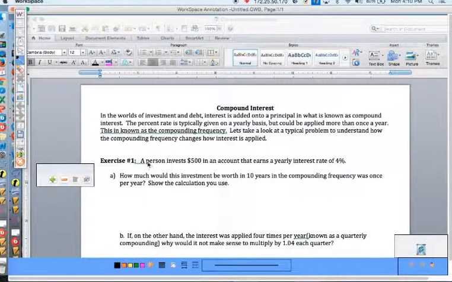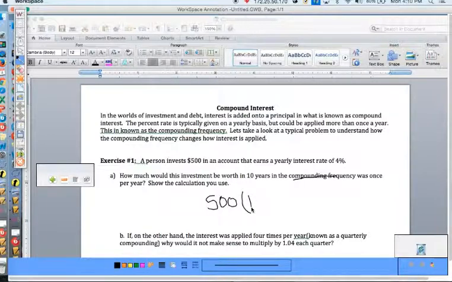So in this first one, a person invests $500 in an account that earns a yearly interest rate of 4%. How much would it be worth after 10 years if the compounding frequency was once per year? So this means that interest is checked once a year. So you deposit that 500, and then you earn 4% of that.